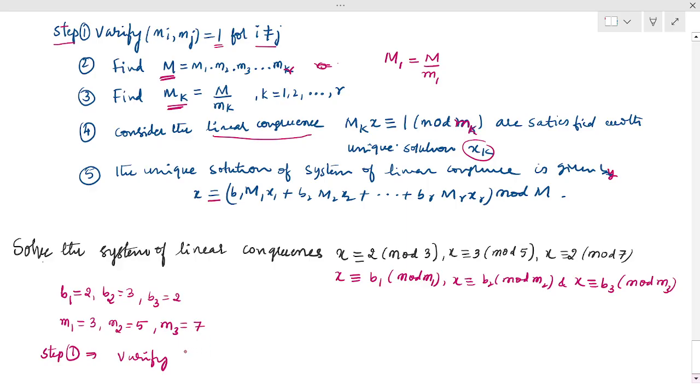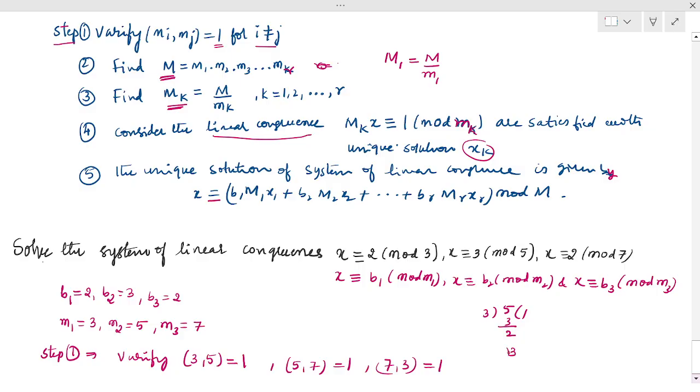First take 3 and 5 and verify whether they are relatively prime or not. Next take 5 and 7. Next take 7 and 3. All are relatively prime numbers. How to verify this? Just divide 5 by 3: 3 ones are 3, the remainder is 2.